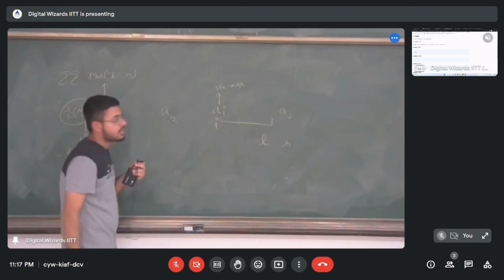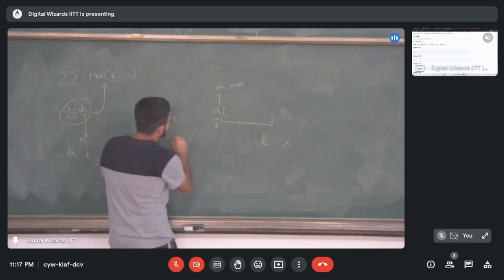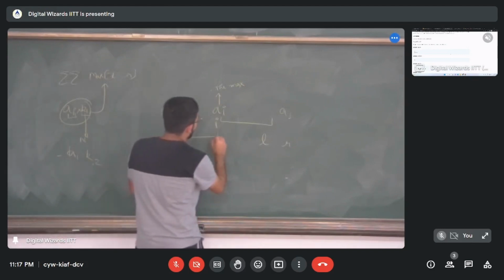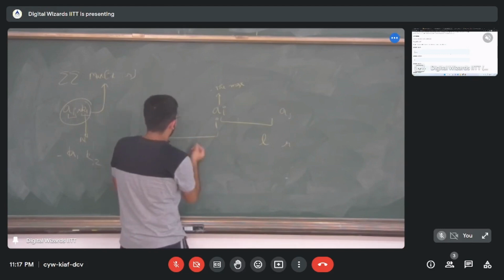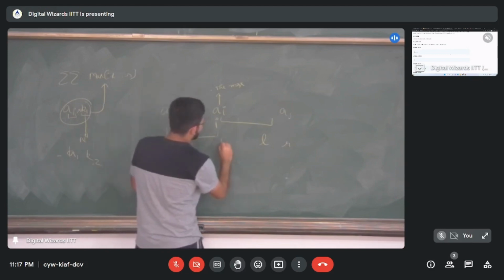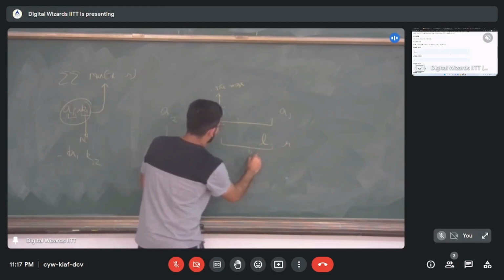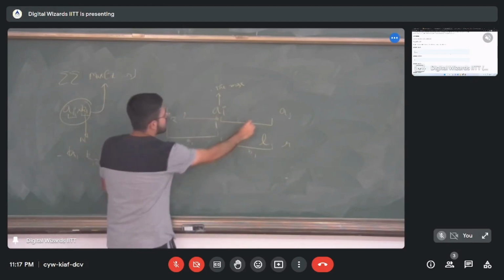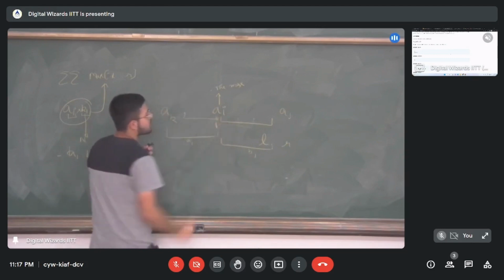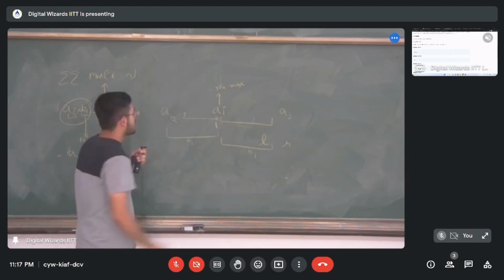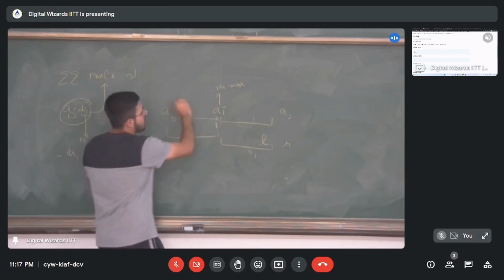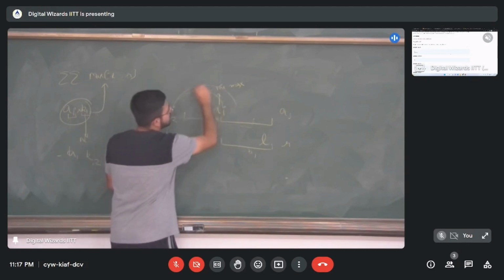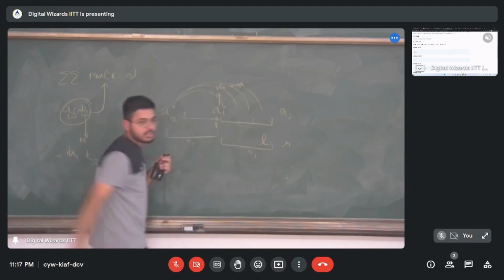Right. And now, if I take any element from here to here, let's say a1, let's say this is b1. If I take any element from here to here, and then here to here, it is going to contribute, right? So if I pick out any element, I will have these many options, right?